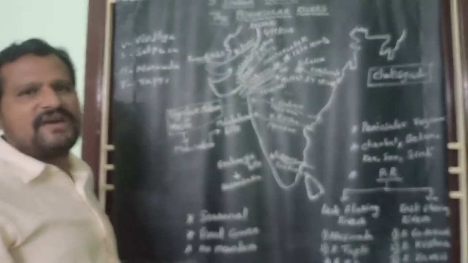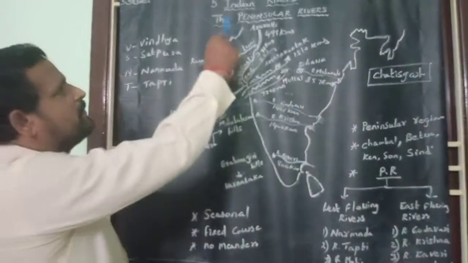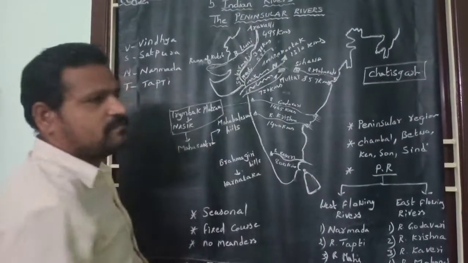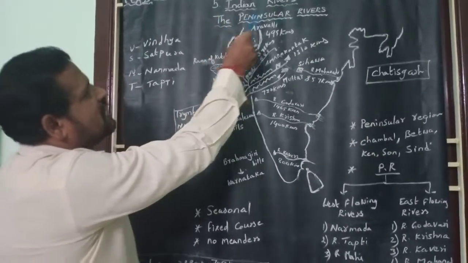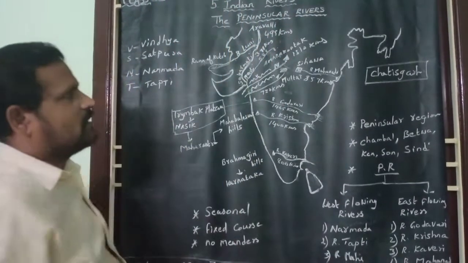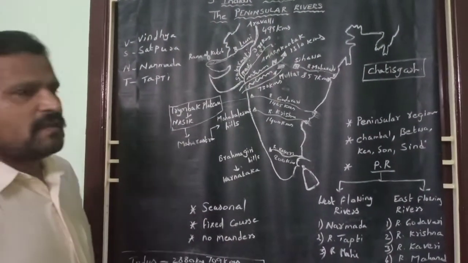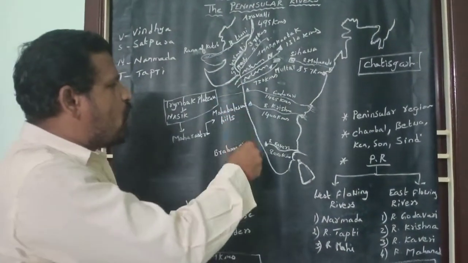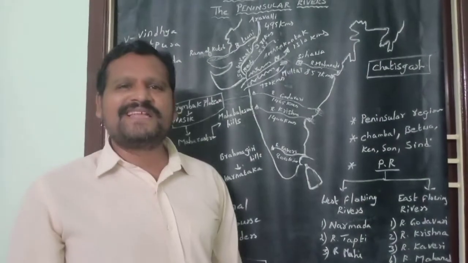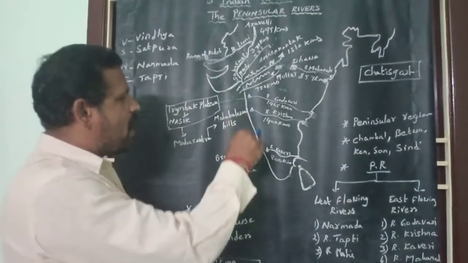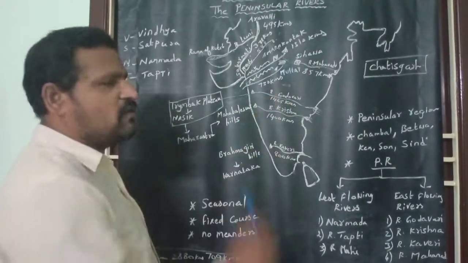The second part of the drainage system of India is the Peninsular river system. Western Ghats are the water divide between the major peninsular rivers.